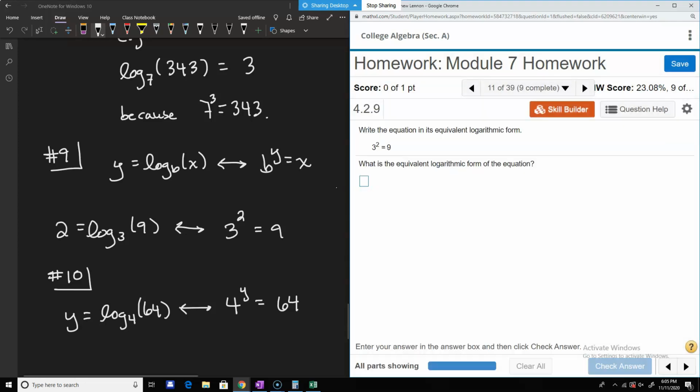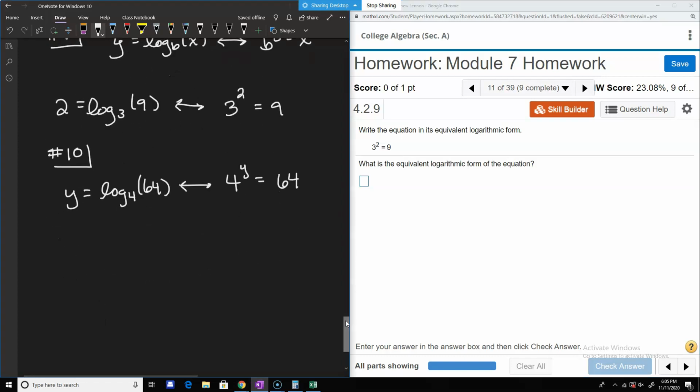This one is going the other way. So we have number 11 here. So again, this time they're starting on this side. So remember the rule is we want to take b to the y, that equals x, and on this side it's y equals the log base b of x.